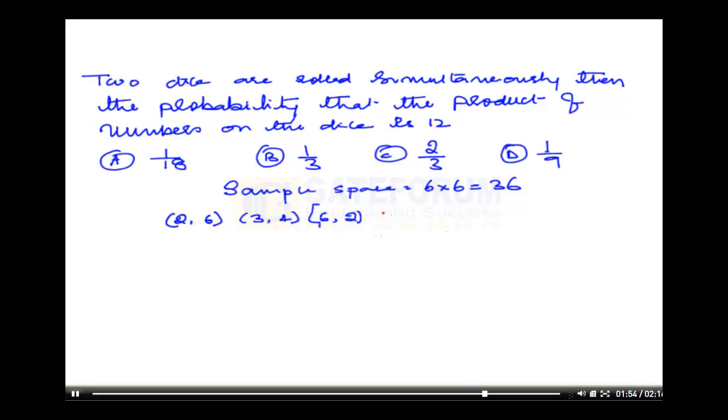Another one here we can write 4 into 3. I had forgotten that. So therefore the total favorable events are 4. Therefore the probability of the event is equivalent to 4 by sample space 36, that is 1 by 9.